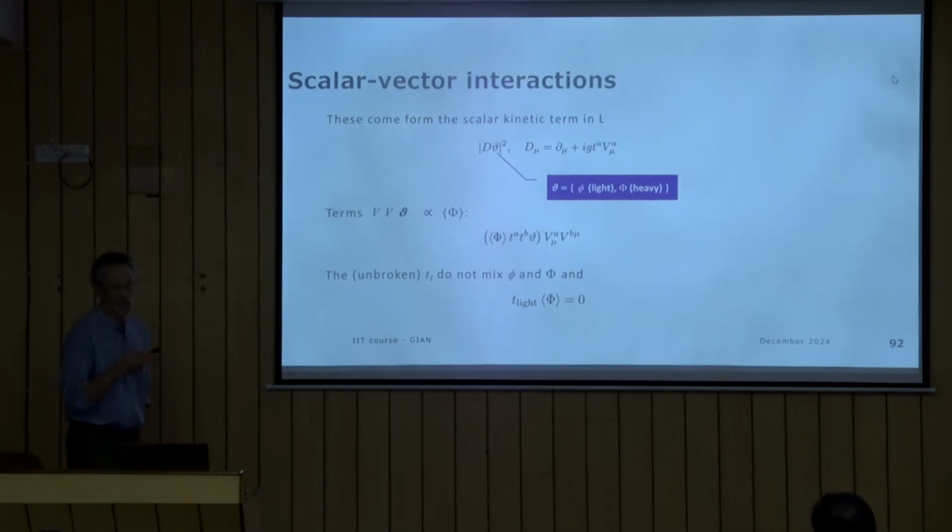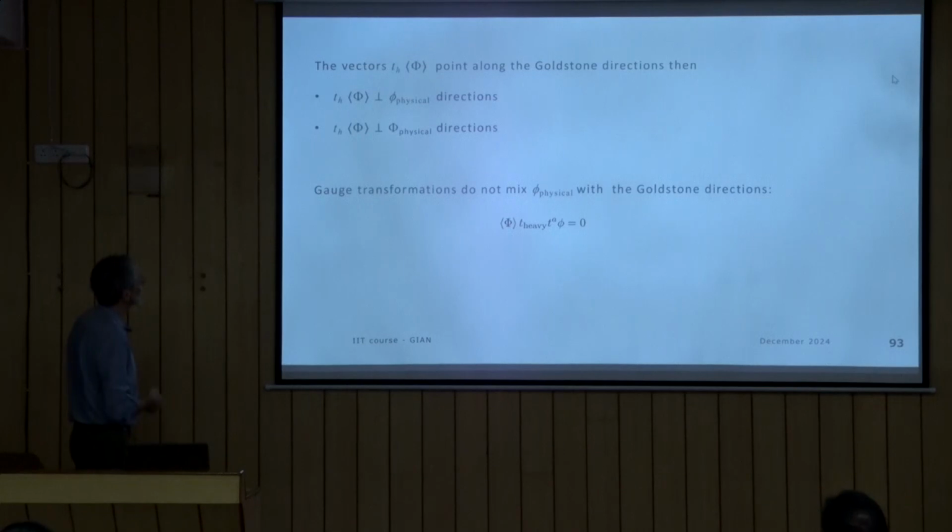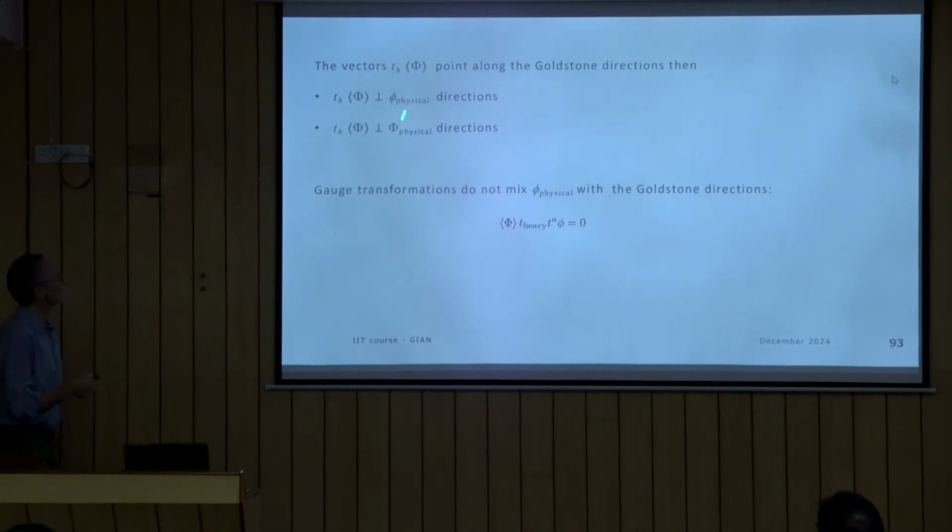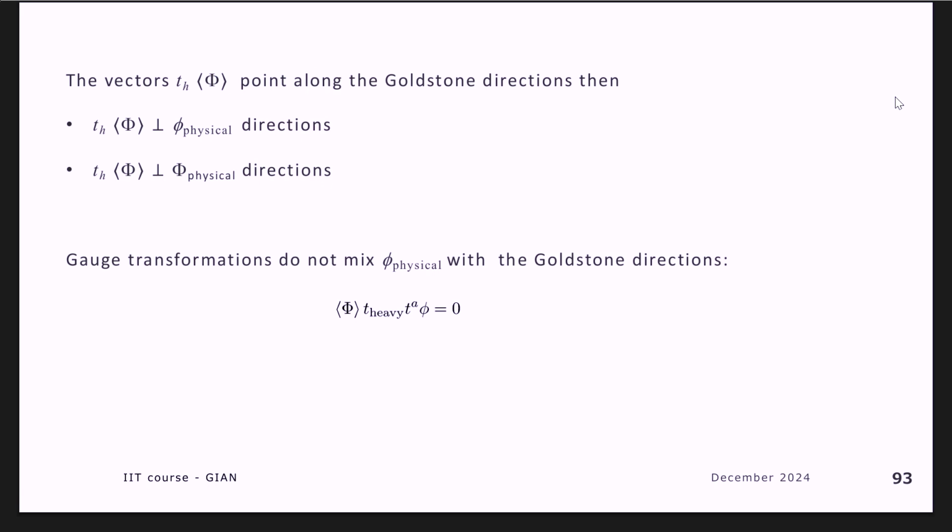That's the type of argument. I'm not going to go through what it implies in all possible situations, but in this case, that's what it implies. Another observation. These are the broken generators, the heavy guys. This object here points along a Goldstone direction, and therefore it is orthogonal to the physical directions, be it heavy or light.